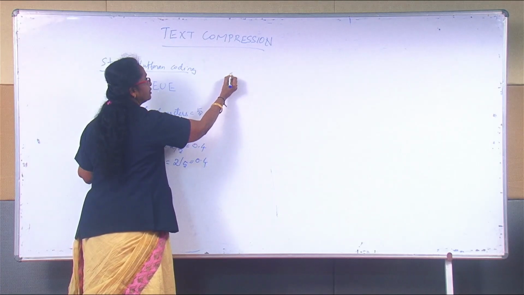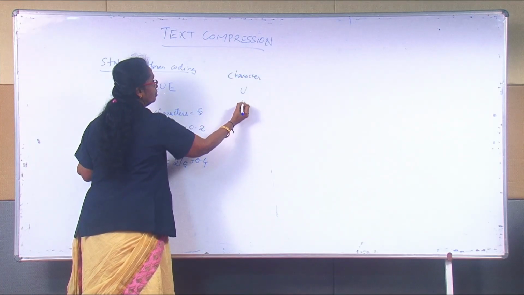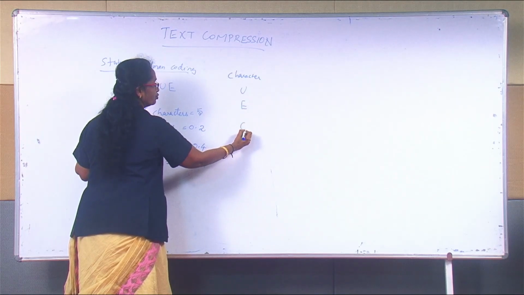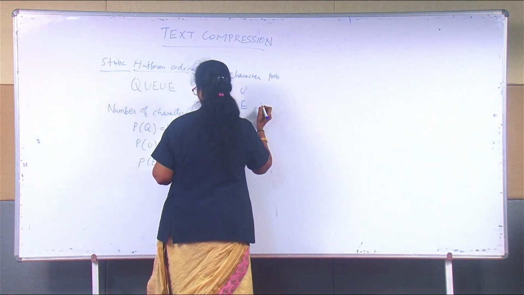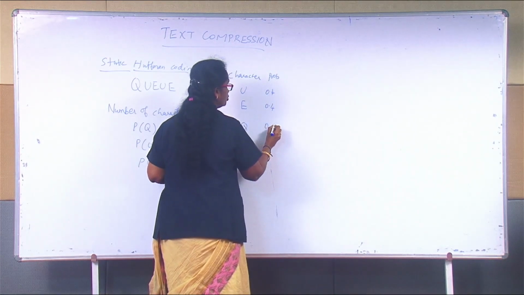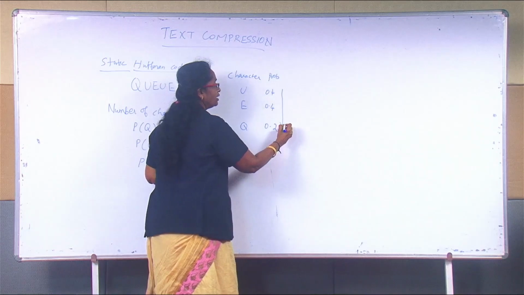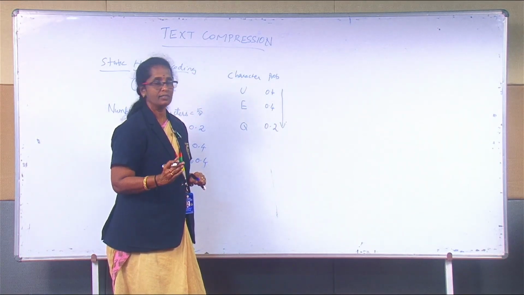So, let me place the characters U, E and then Q. The probability of U is 0.4, E is 0.4 and Q is 0.2. That is, it is in descending order with respect to the probability of occurrence.